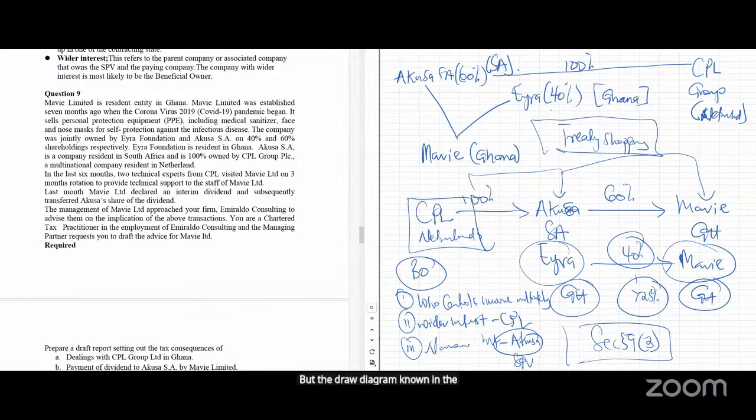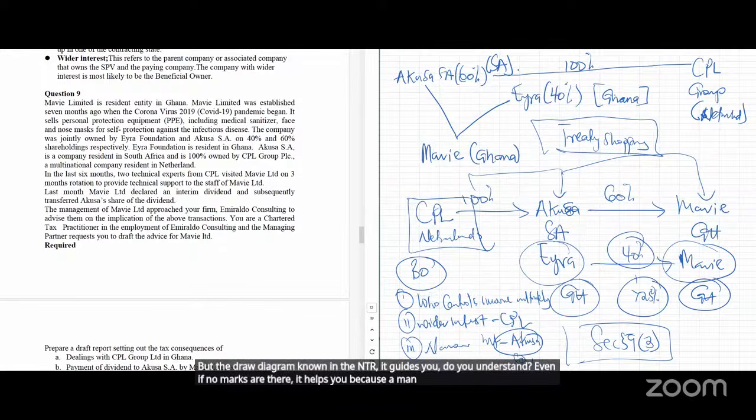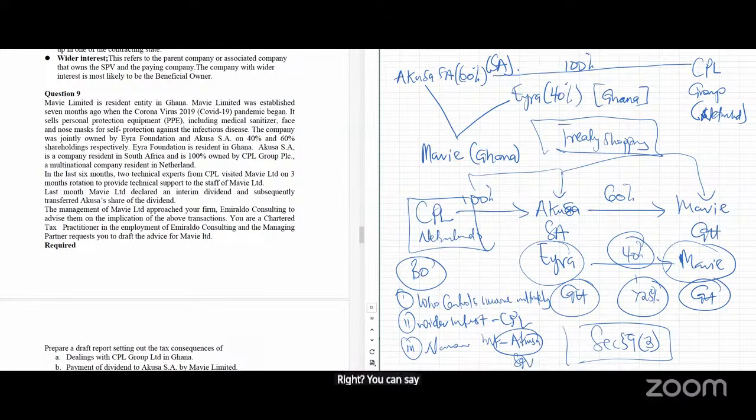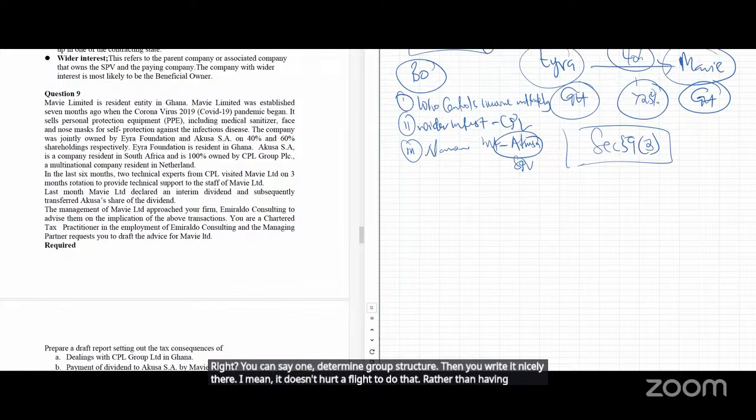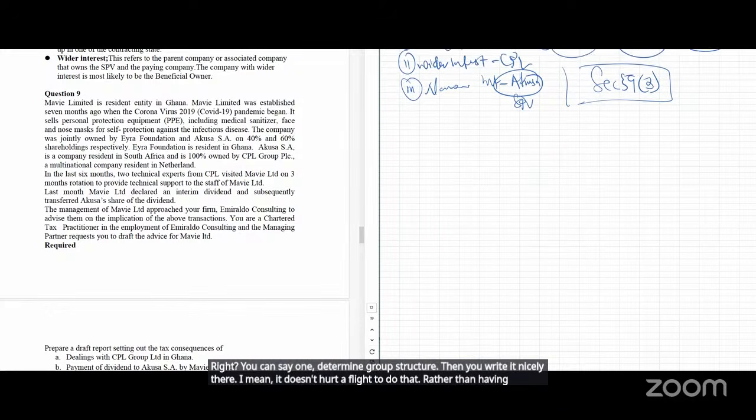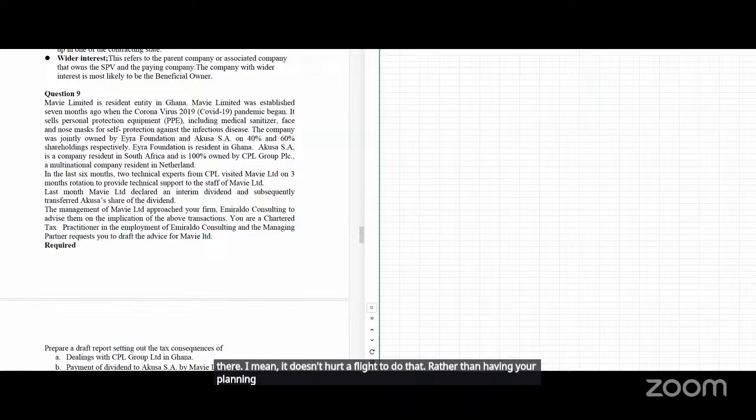It guides you. Even if no marks are there, it helps you. You can say one, determine group structure. Then you write it nicely there. It doesn't hurt a fly to do that. Do you get it?